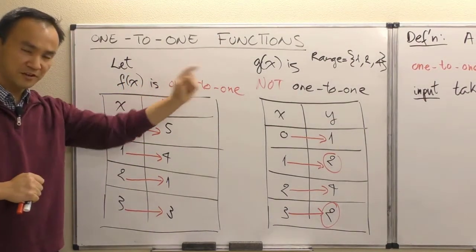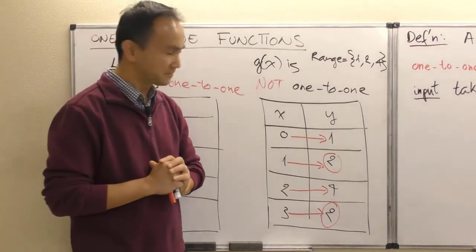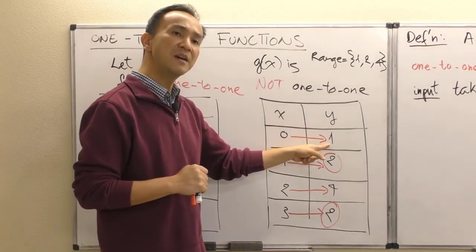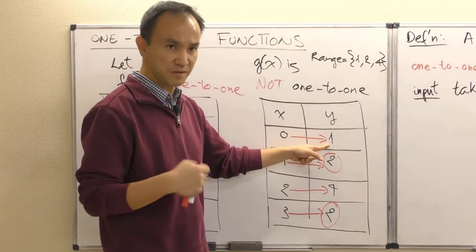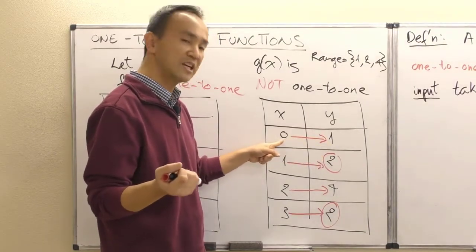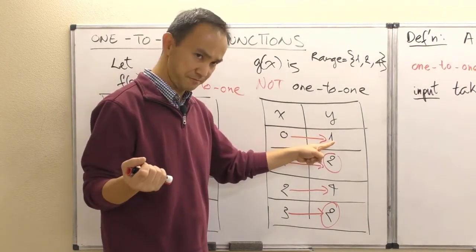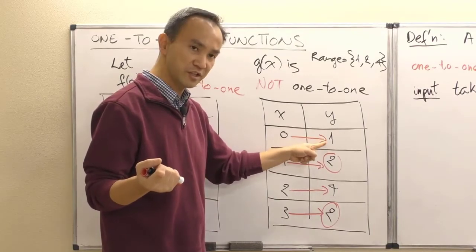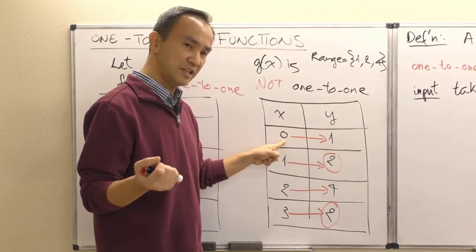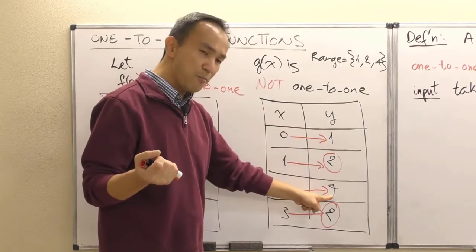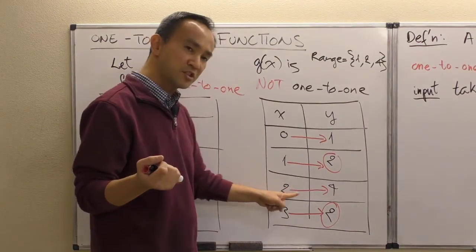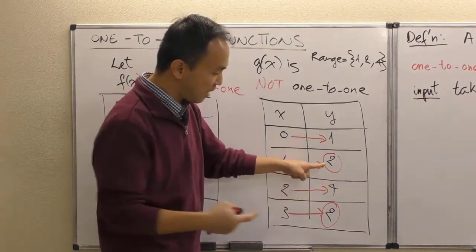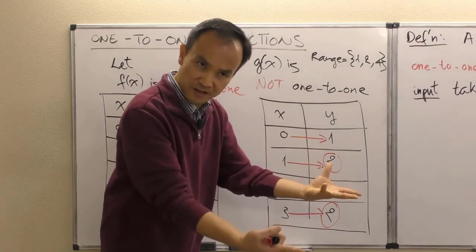This function g, on the other hand, is not. Maybe some outputs had exactly one input taken to them. I agree, this is the case right here. For this output, there was exactly one input. For this output 4, there was exactly one input taken to it. But now for this output 2, you see the repeat in the table.